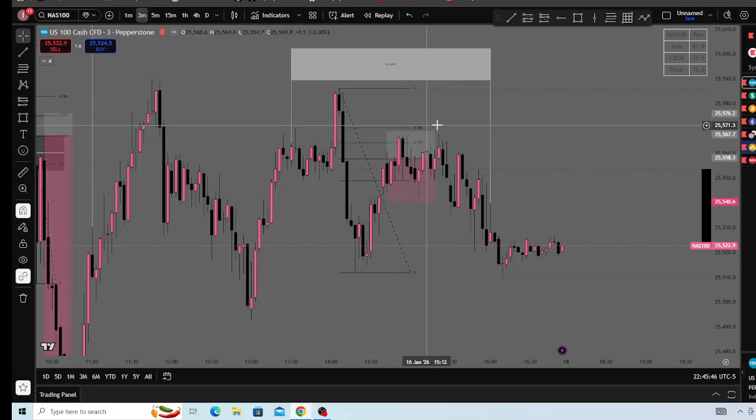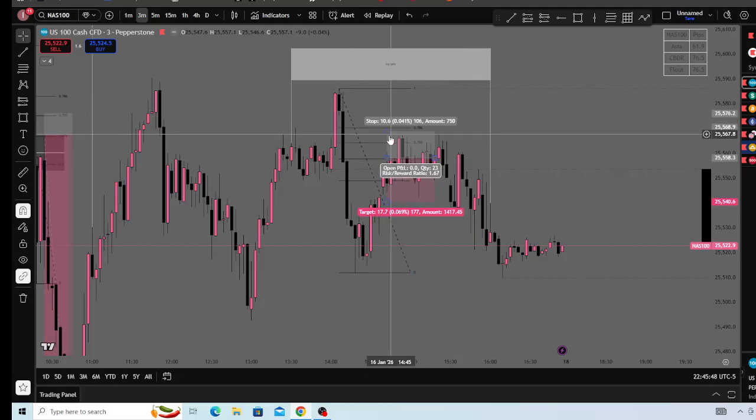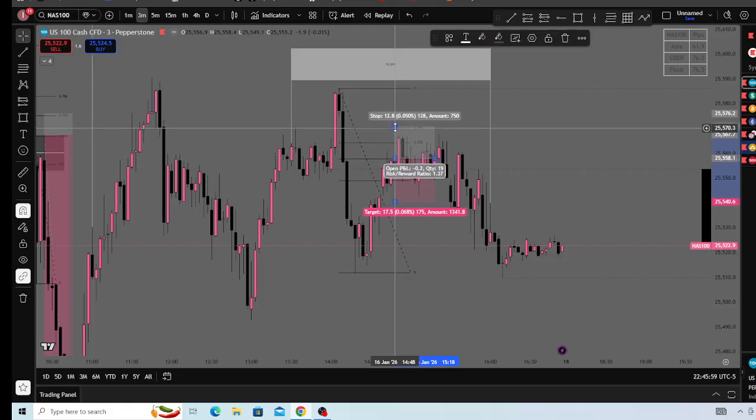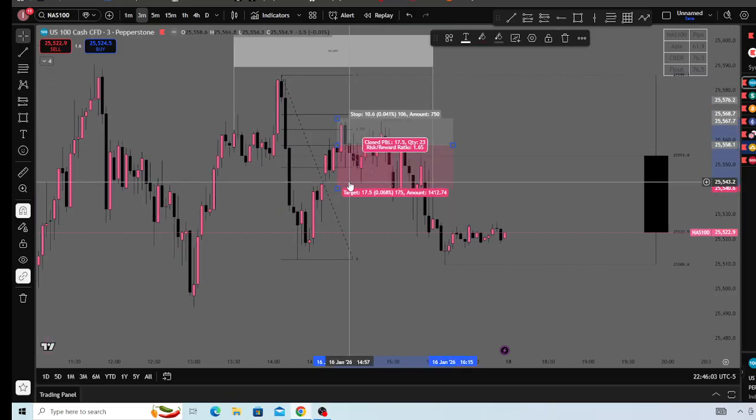So if it goes past here, I normally would have my stops right at it or a little bit above if I'm entering off the 0.705 right here. And when I'm entering off the 0.618, I normally just have it right in between them, and it also gives you good risk to reward.